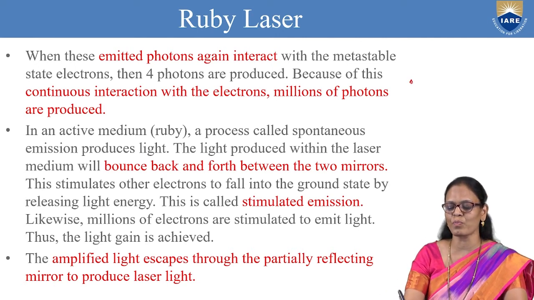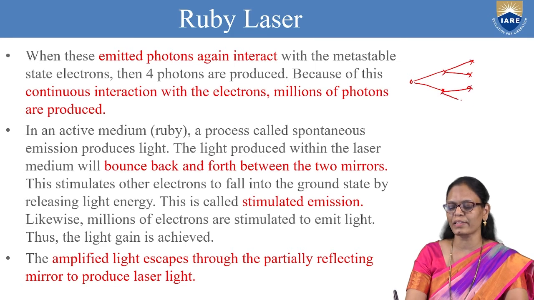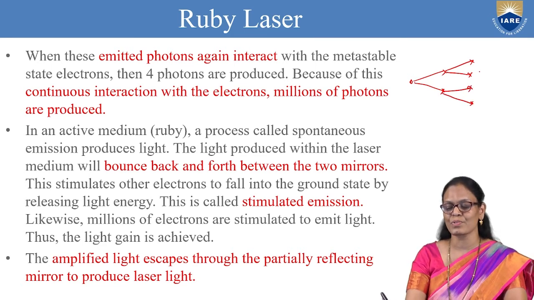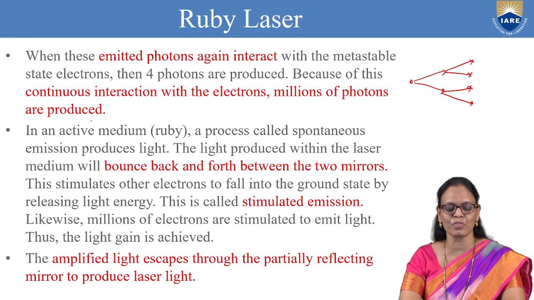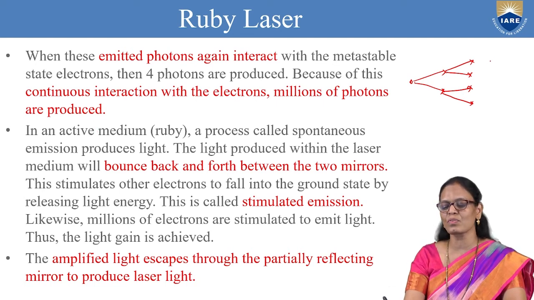So first we had one which is interacting, because of that we had 2. Now these 2 will interact with 2 more. So like that the chain reaction will start. Now we are having 4 photons. And because of the continuous interaction with the electrons, millions of photons are produced. So these 2 will go now and they will collide with 2 more. So like that they keep on multiplying and millions of photons are being produced.